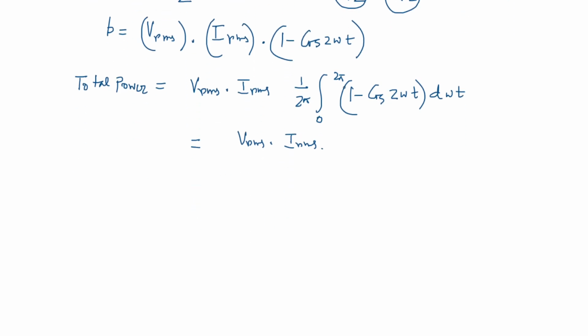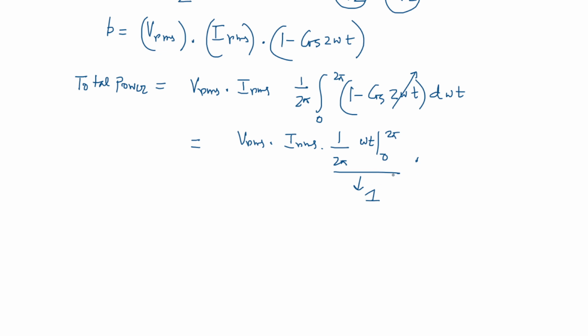Now if you integrate 1 into d omega t, it will be omega t. If you put the limit 2 pi to 0, with the 1 by 2 pi, this will give you 1. And the second term, cos 2 omega t, the last day we have observed that the summation of cosine curve and sine curve over a complete cycle is 0.